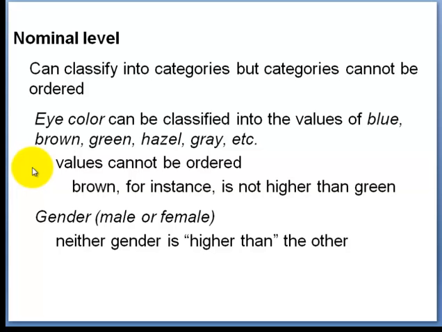No value of eye color is higher or lower than another. For instance, brown is not higher or lower than green. Similarly, gender is measured at the nominal level, because neither gender, female or male, is higher or lower than the other.